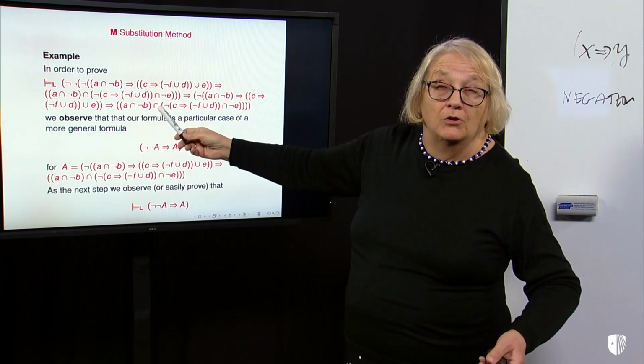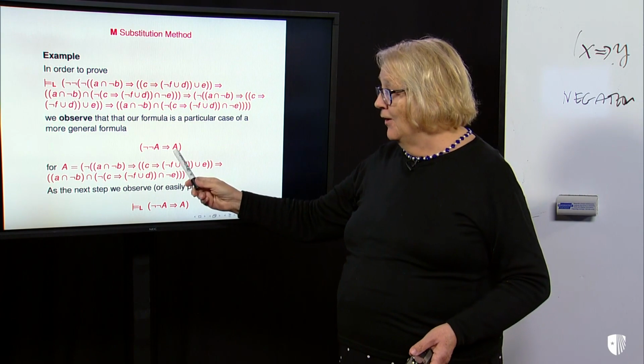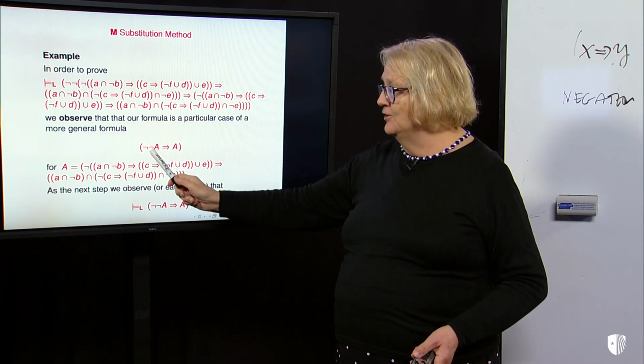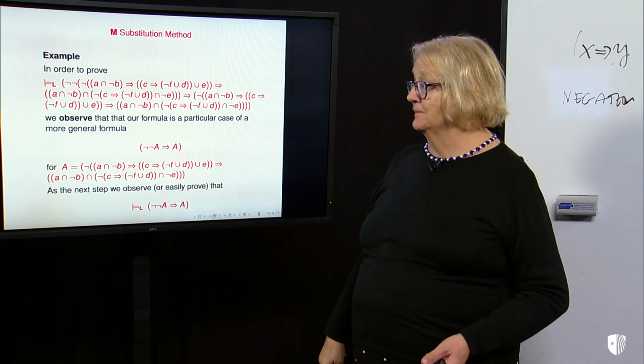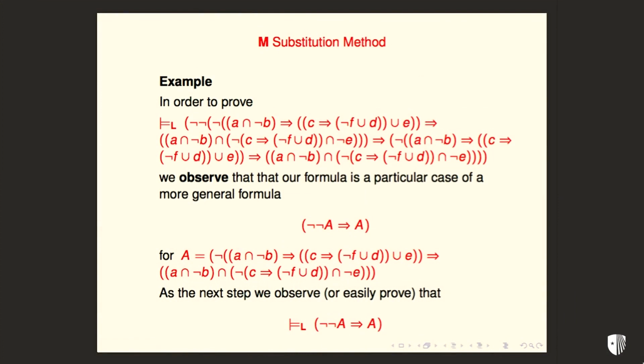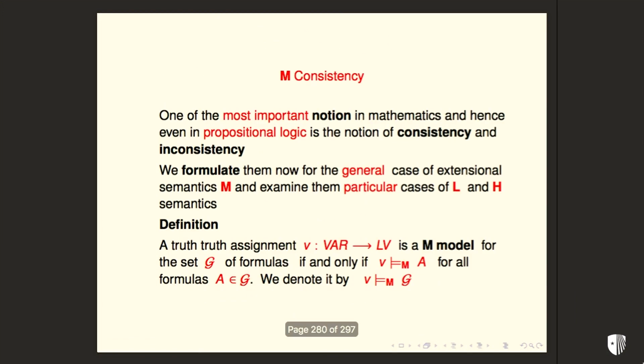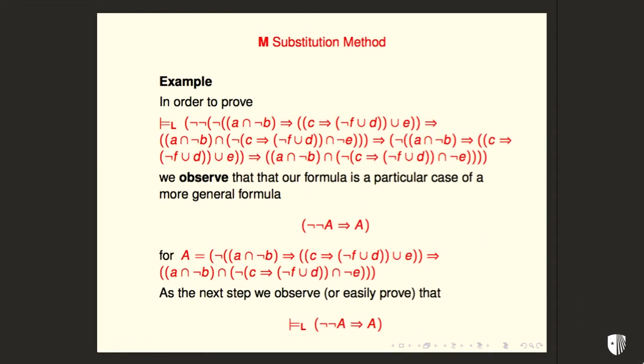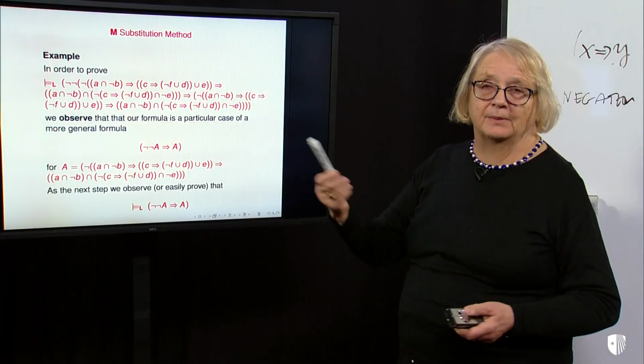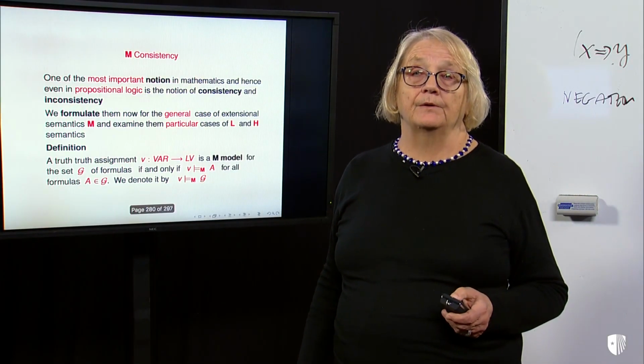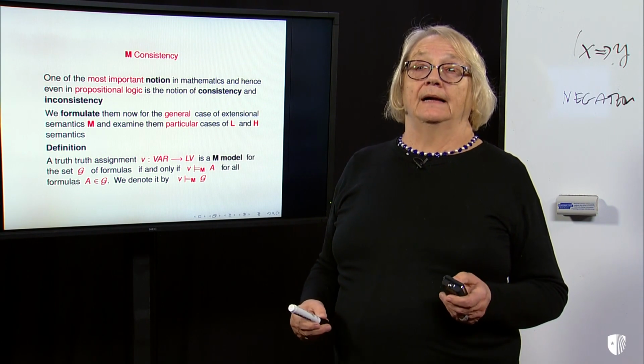But when you look closely, you say, oh, that formula is A implies A. And so now you have only to check this, which you do by contradiction, or you can check by truth tables and so on.